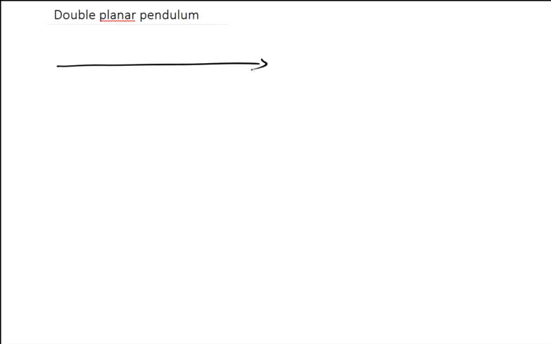The setup is the following. I draw this in 2 dimensions, Cartesian coordinates x and y. We have a pendulum, a mass m1 appended to a rod of length L1. And then we have a second mass appended to the first mass.